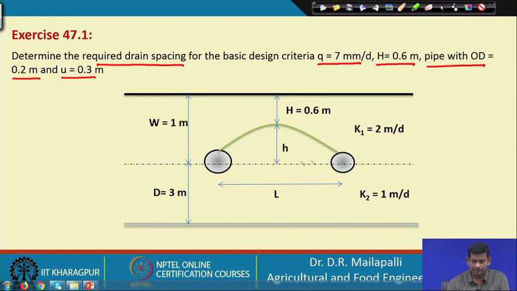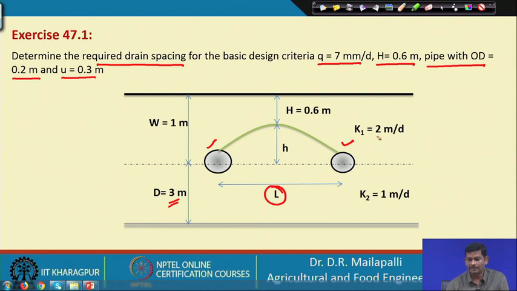These are the two drain pipes, right, and W, the height from the top to the base, is 1 meter, and D, capital D, which is from the base to the impervious layer, is 3 meter, and you have to find the drain spacing. There are two layers.